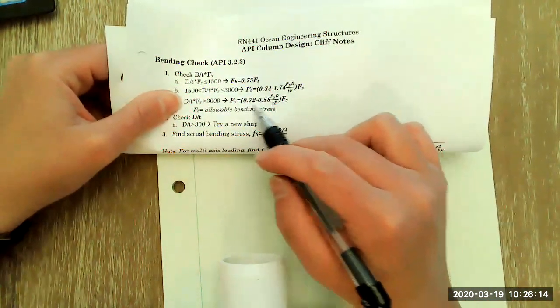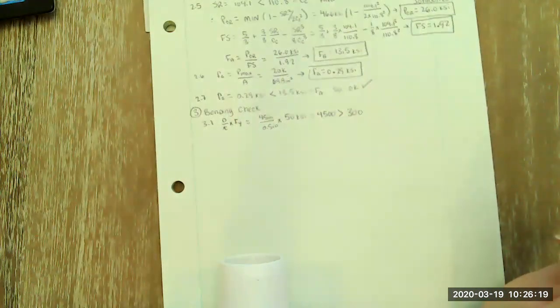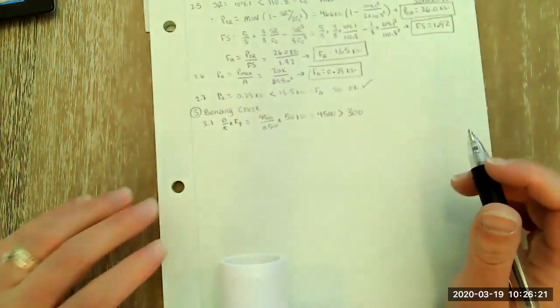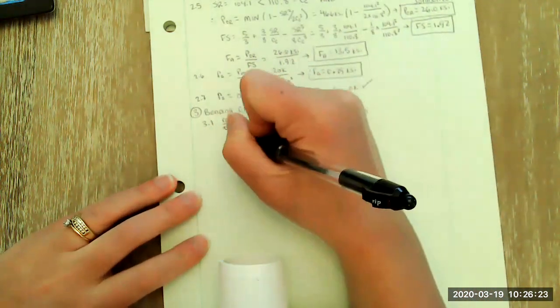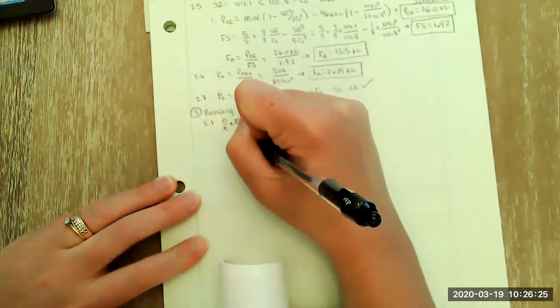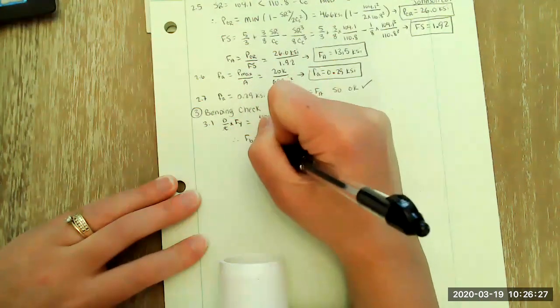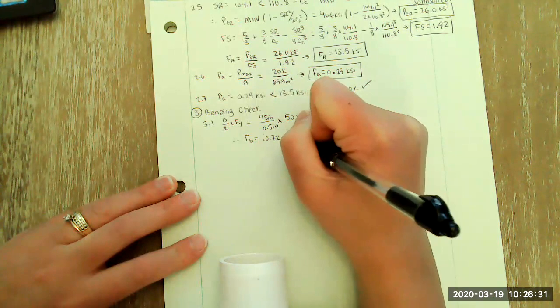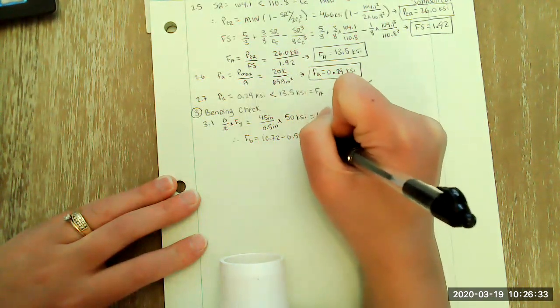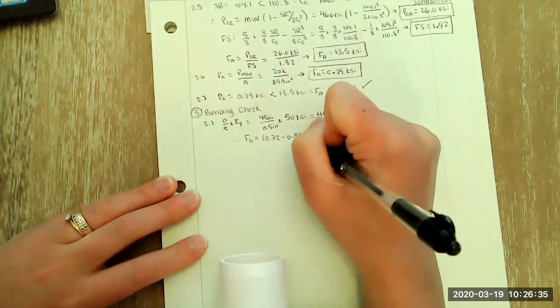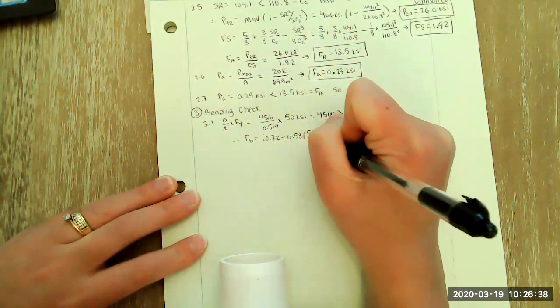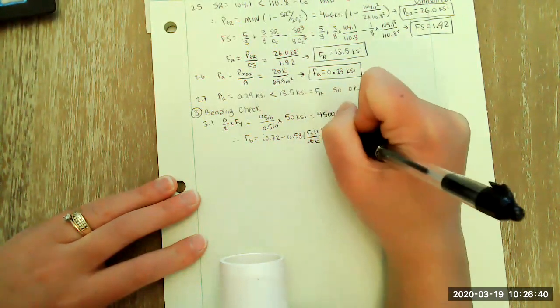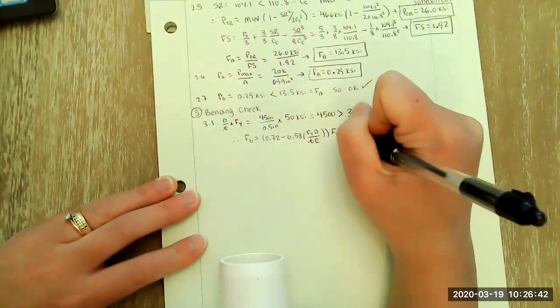So we can go ahead and plug our numbers into this equation since we have the condition with d over t times f sub y greater than 3,000. So therefore, our allowable bending stress is equal to 0.72 minus 0.58 times f sub y times the diameter divided by the thickness times the elastic modulus, that quantity times f sub y.